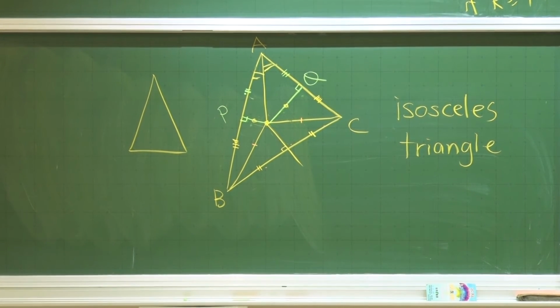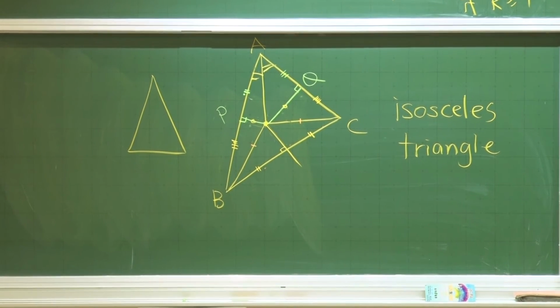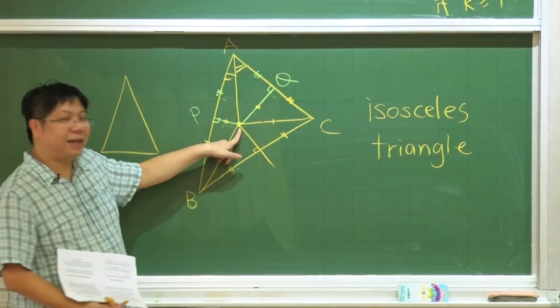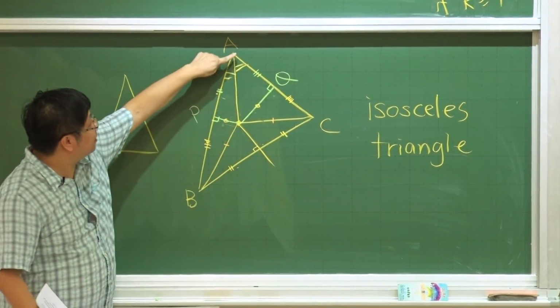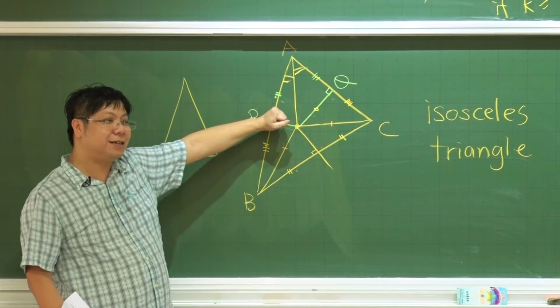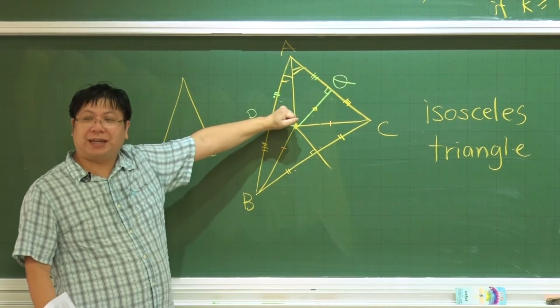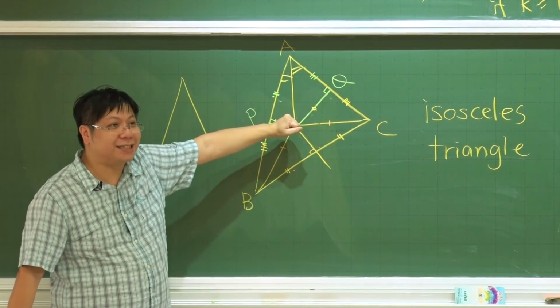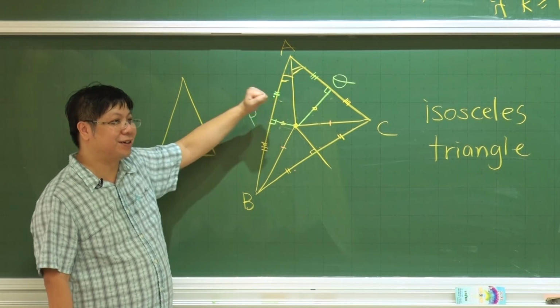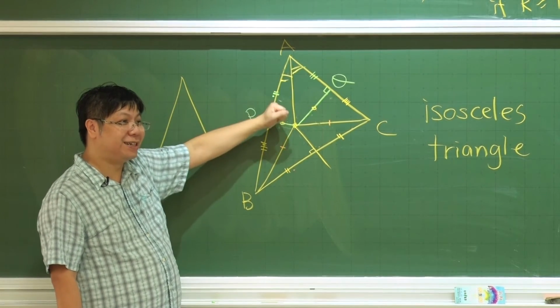Very good, very good. He has made the point. So here I'm tricking you. I'm assuming that the intersection of this one and this one lies inside the triangle. But I'm tricking you. For most of the cases, it is not lying inside the triangle. You understand my point?